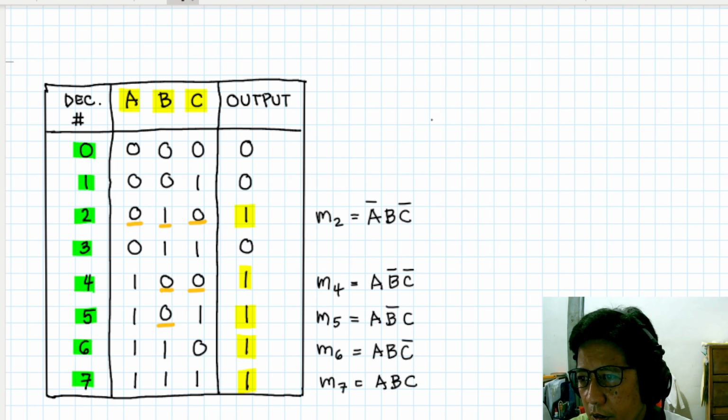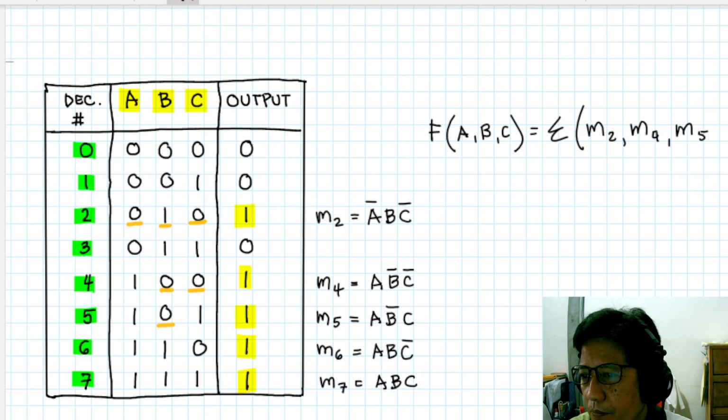Our function F(A, B, C) is the summation of M2, M4, M5, M6, and M7.